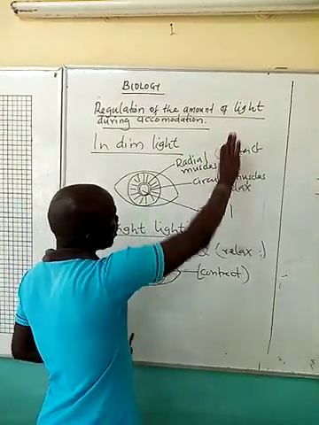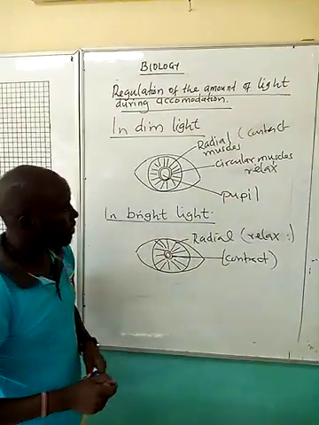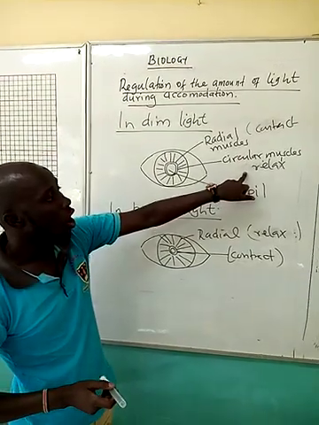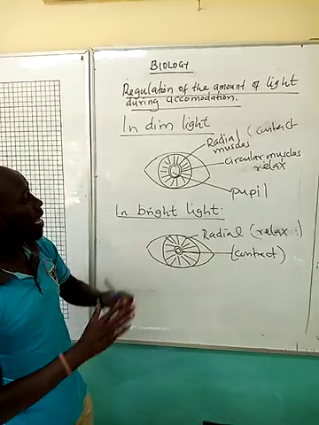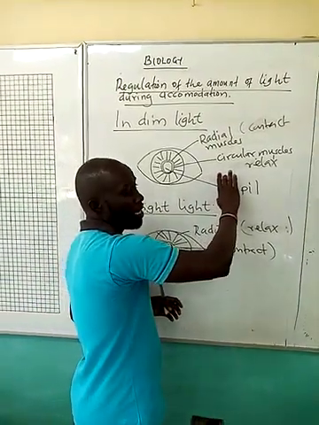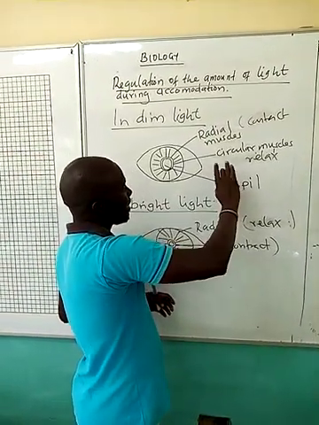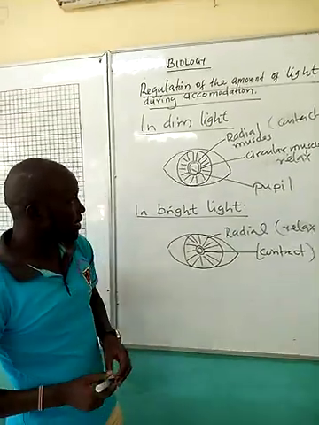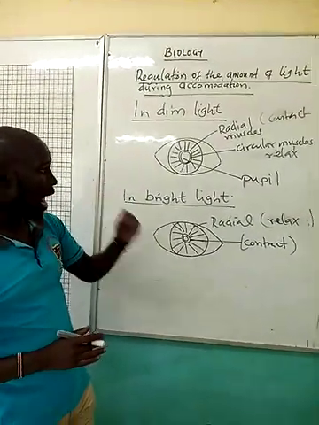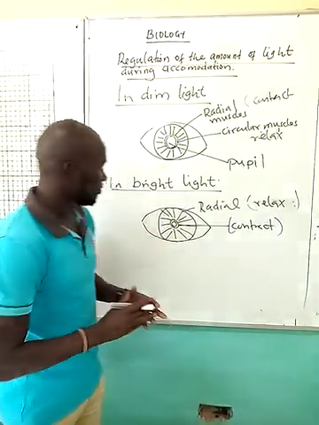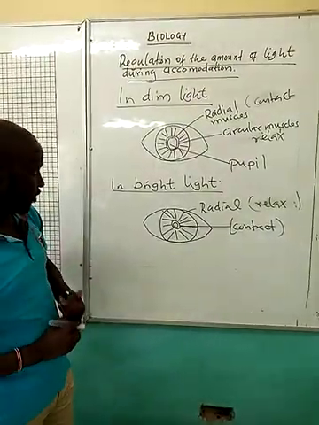So the contraction of the radial muscles and the relaxation of the circular muscles enables the size of the pupil to enlarge. When the size of the pupil enlarges, then the amount of light that enters the eye increases. That is in a dim light.